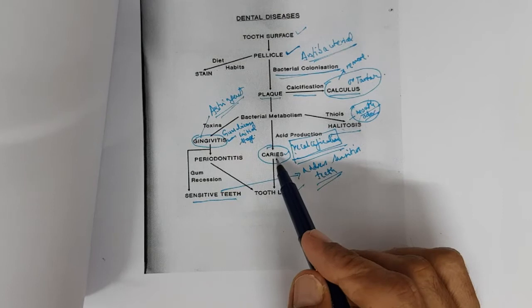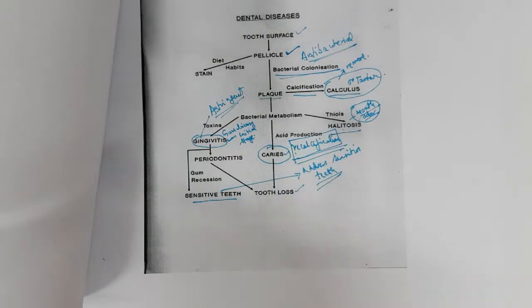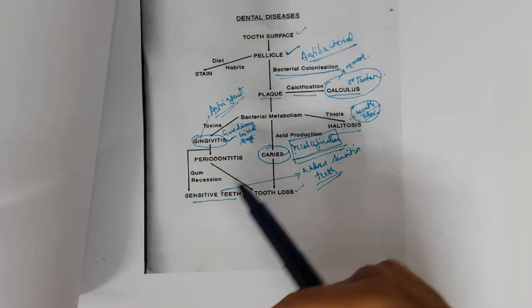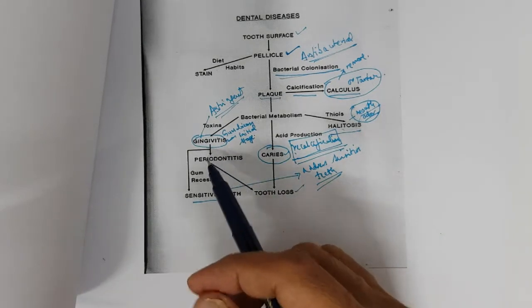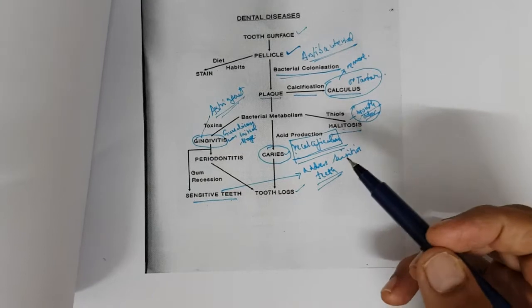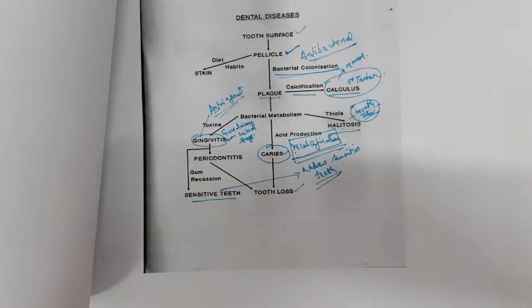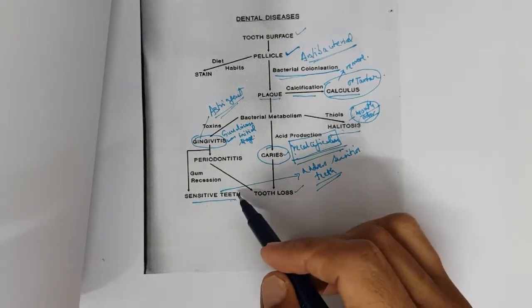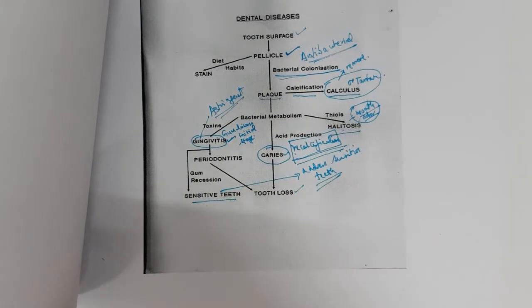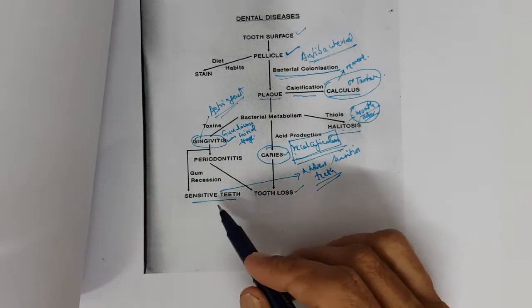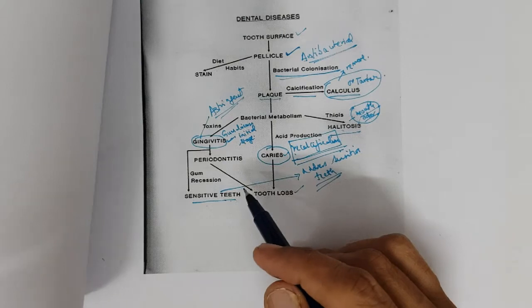Bacterial metabolism can also cause dental caries. Apart from dental caries and gum recession, you get very sensitive teeth. With sensitive teeth, you do a root canal, right? Remove, disconnect the nerves. So that is how you get sensitive teeth.